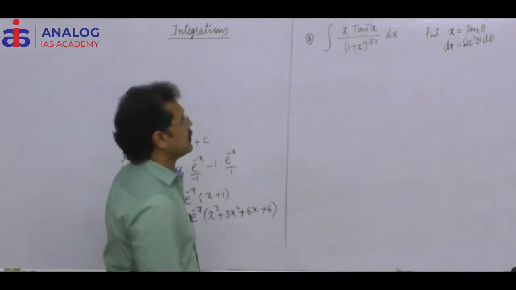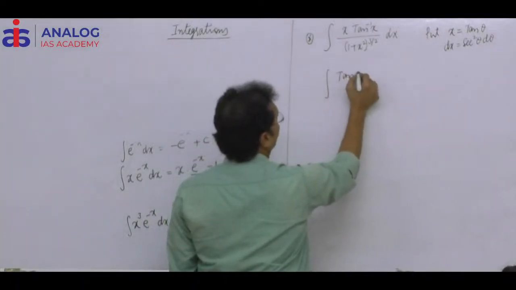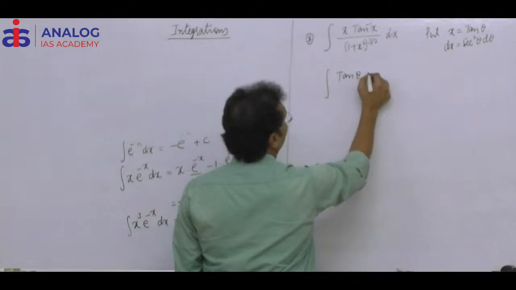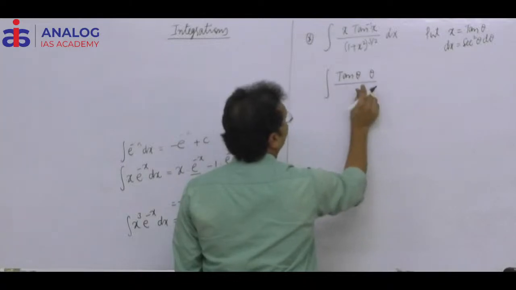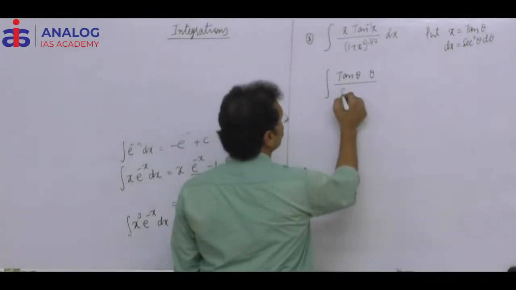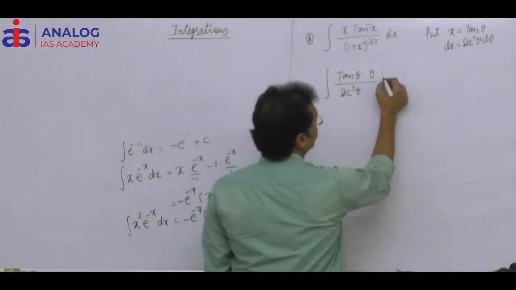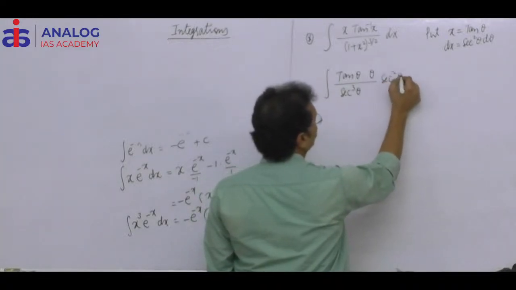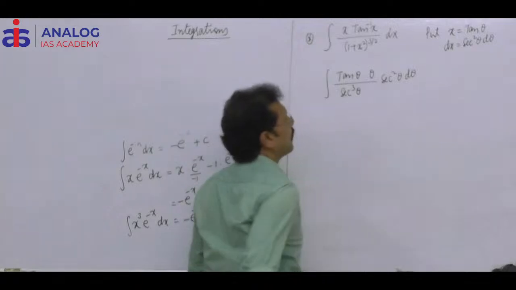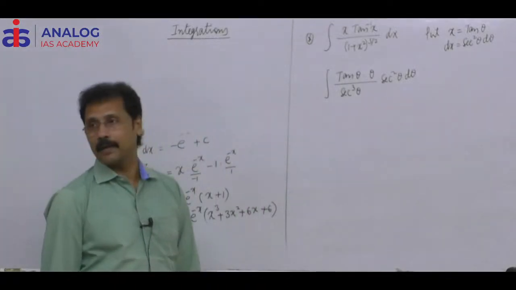So in the integral, x is tan theta, tan inverse x is theta, divided by 1 plus tan square theta, which is secant square theta, so secant cube theta, times dx, which is secant square theta d theta. Till now okay, right?